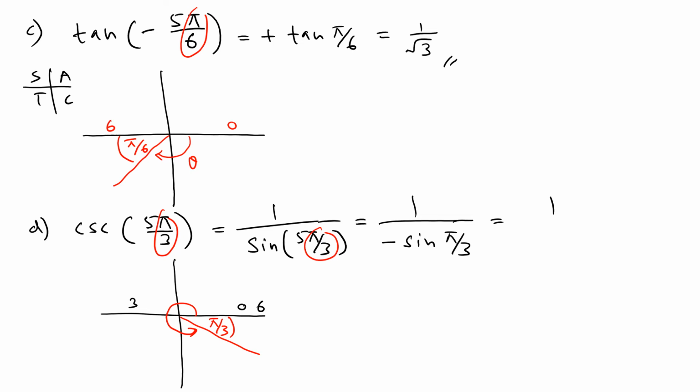So 1 over negative sine pi over 3, which is square root 3 over 2, and then flipping it upside down, you get negative 2 over square root 3. You just make it upside down, it's a reciprocal. Good. So let's go to the next one.